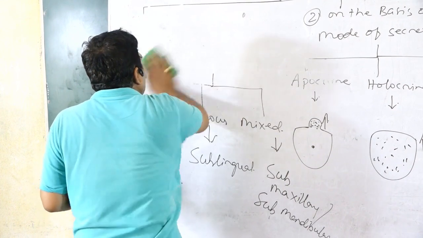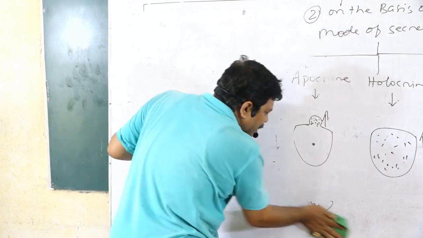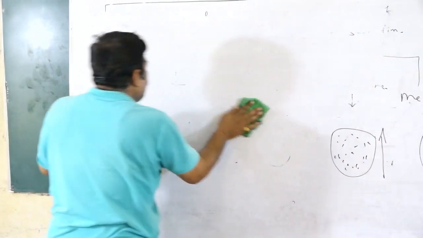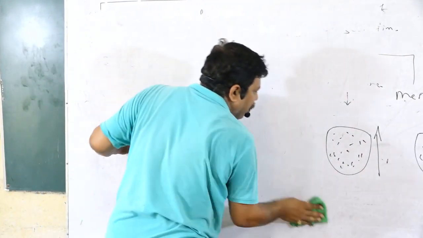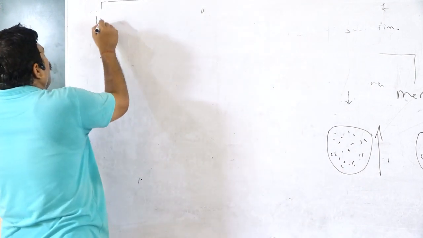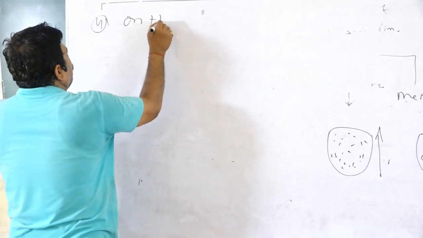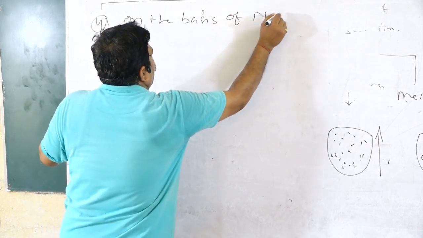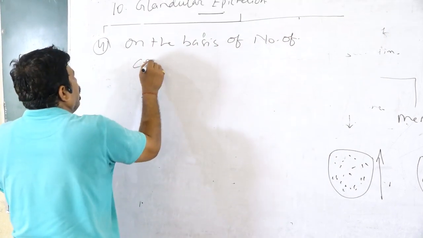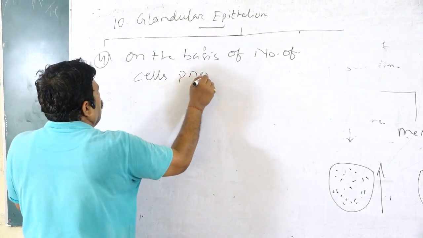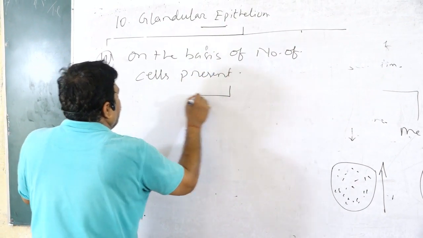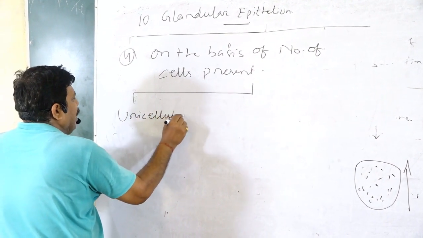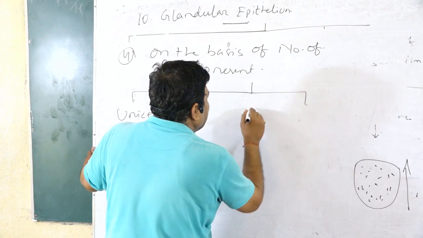Then number 4, on the basis of number of cells present, that is unicellular gland, unicellular and multicellular.